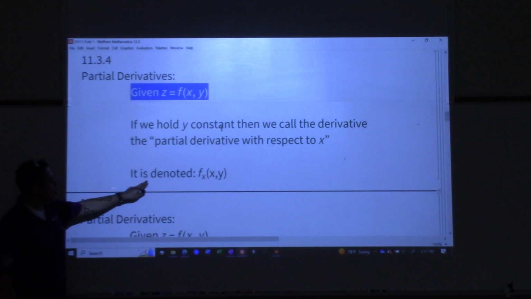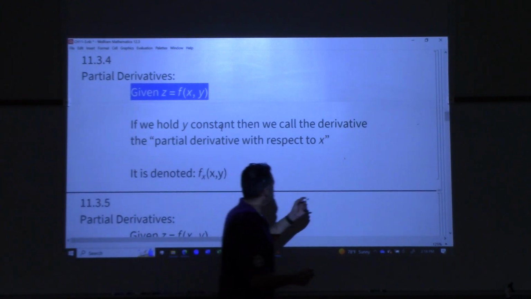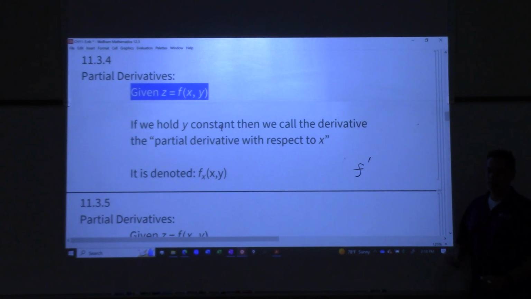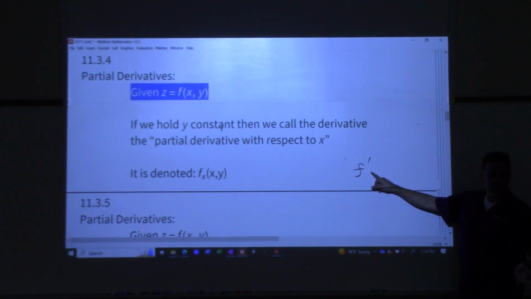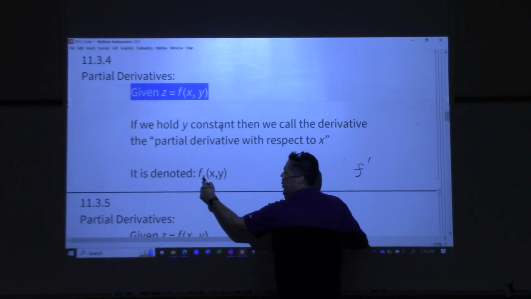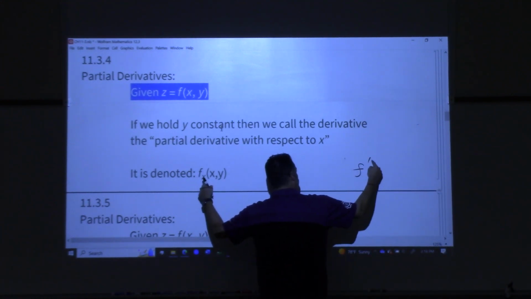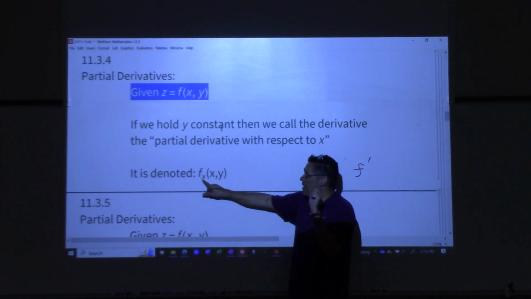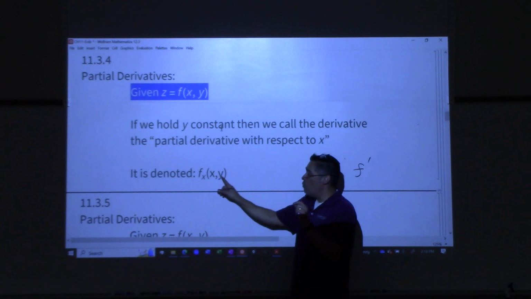And we do not use this notation anymore. Remember this? This used to mean take the derivative back in Cal 1. We can't use that notation anymore because it does not tell me what I'm holding constant and what I'm allowing to move and change. So instead we write f with this subscript x. This subscript x is almost like the prime used to be. This tells me I'm taking a derivative, letting x be the variable and holding y constant.